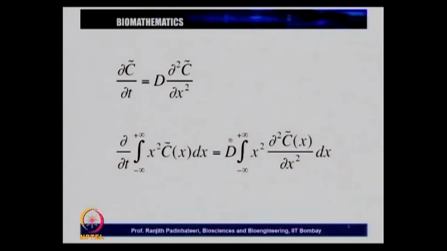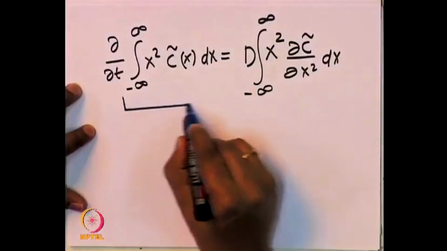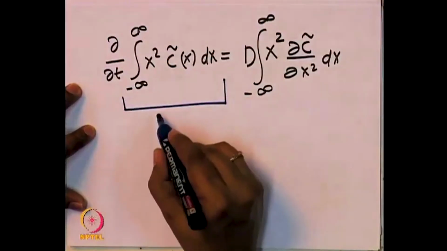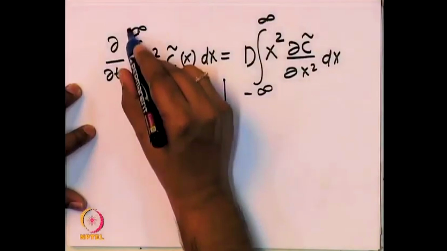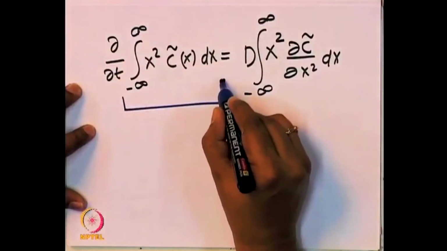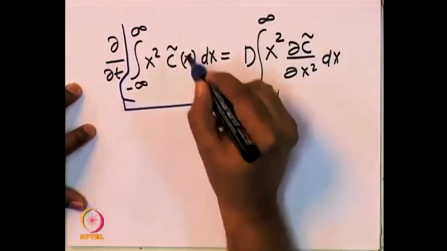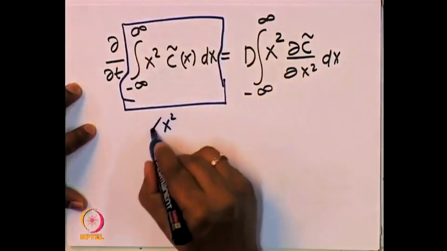Now, what is this part? What is x square c tilde? We just defined this quantity as x square average.